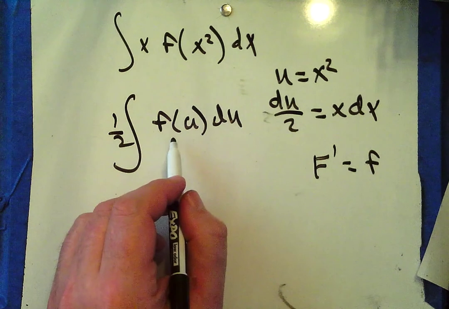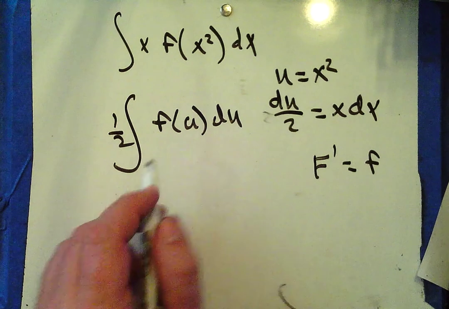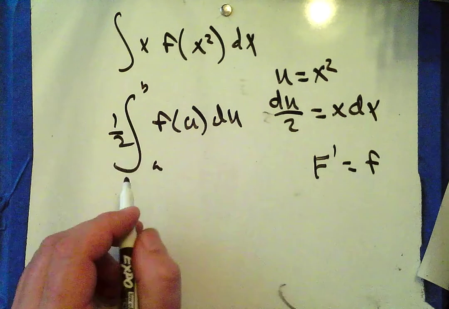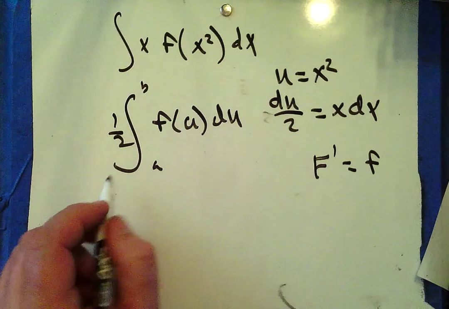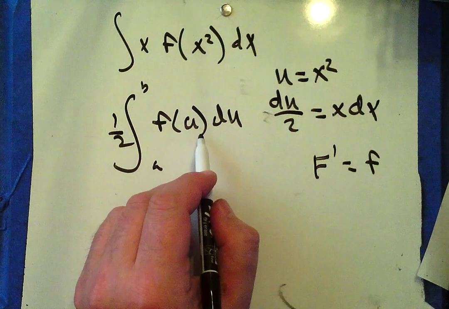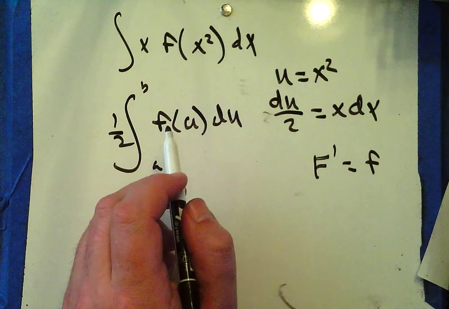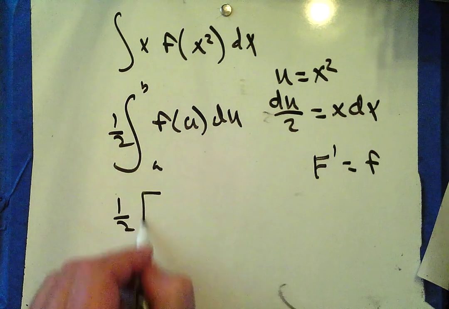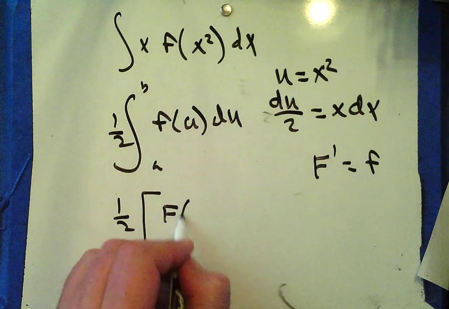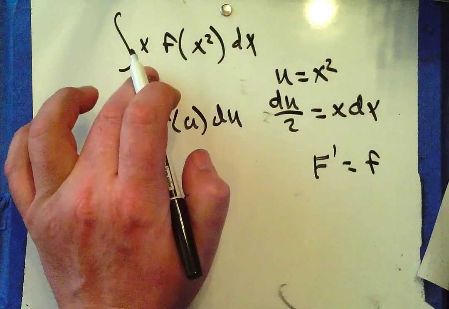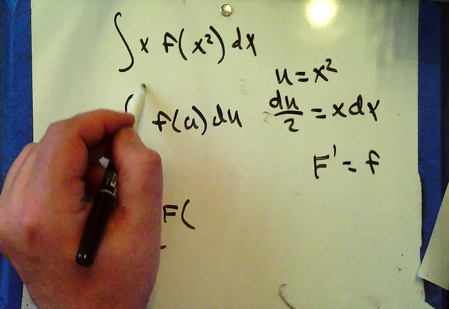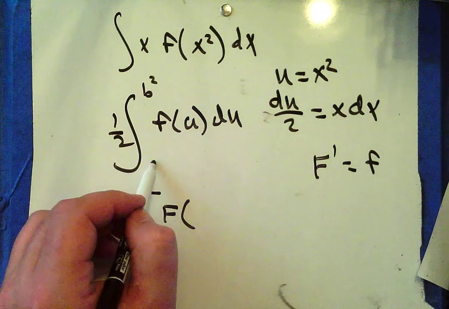So I guess I can say, and this goes from A to B, I'm going to have 1/2 big F of b squared, a squared.